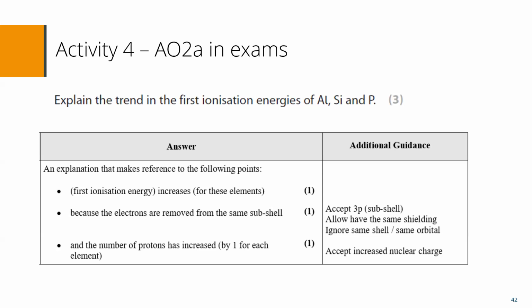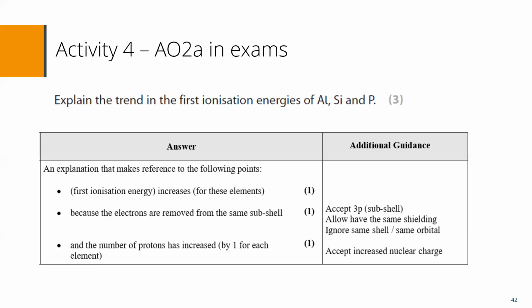Or as an alternative, in the additional guidance column, allow they have the same shielding; ignore same shell or same orbital. They don't, of course, have identical shielding, but they do have identical inner shielding. Don't forget that electrons within the same orbital also shield one another because there's electron-electron repulsion between electrons in the same orbital.